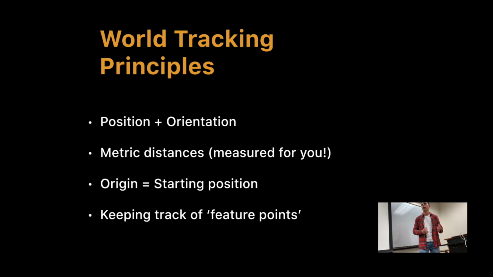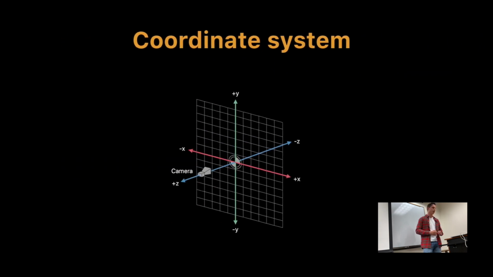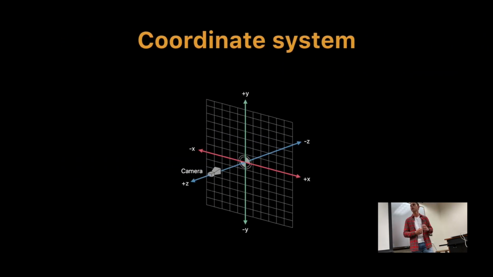Of course, ARKit will keep track of all of the feature points for you. So the coordinate system looks like this. This is going to be our y-axis, which is not the same as you would use in math, for example, but this is just the way it works.